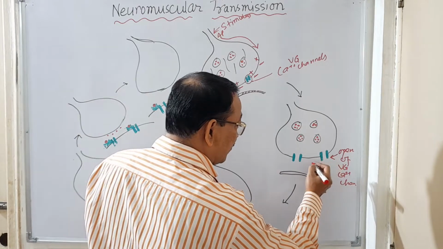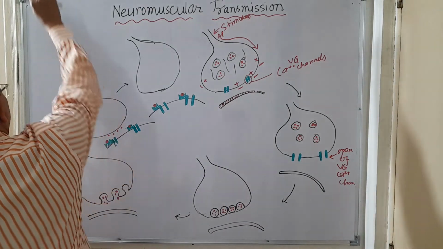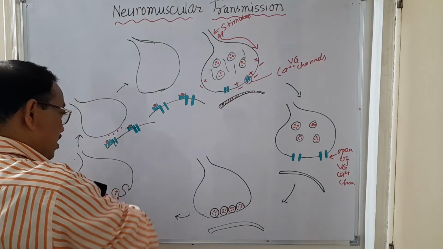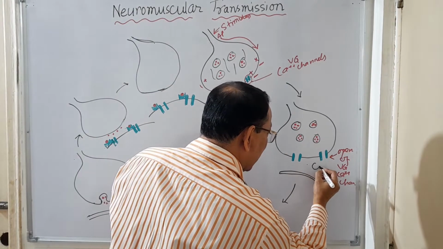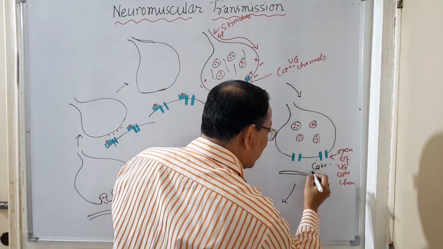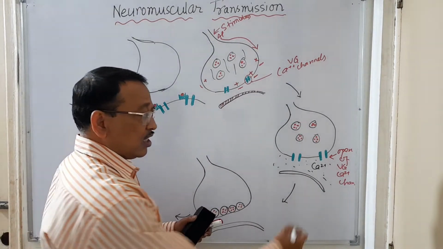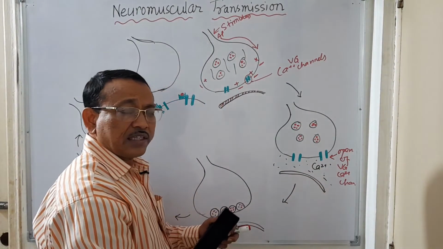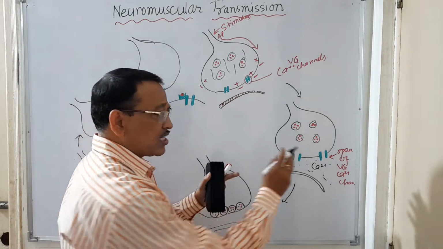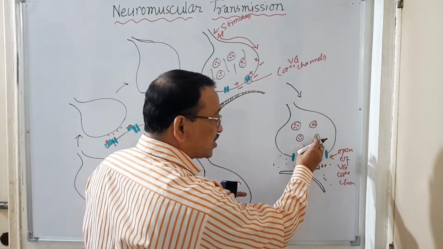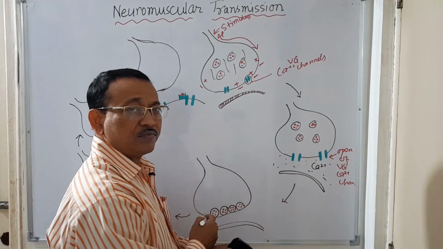So as it is open, and as the calcium concentration in the extracellular fluid that is present in the synaptic cleft, this is the synaptic cleft that I mentioned. In the synaptic cleft, there is an extracellular fluid which has more calcium concentration in respect to inside of this presynaptic membrane.